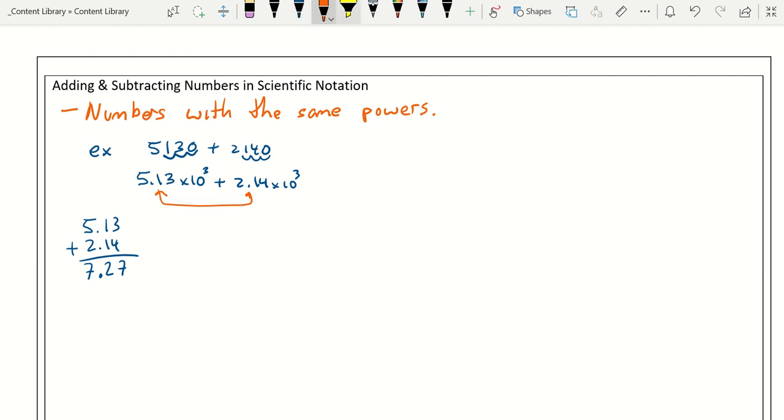And notice that these are the same, so we can just add that on to the end, times 10 to the 3. That's how you would add those two numbers in scientific notation. First, we add up the numbers here, 5.13 and 2.14, and then the exponents we just add on to the end.